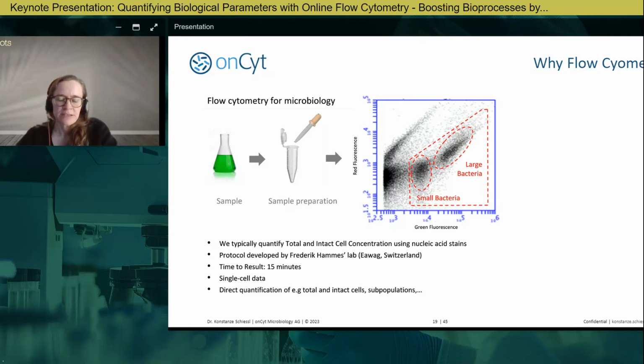Every dot here is a particle that was measured by the flow cytometer. And the darker it gets, the more concentrated in fluorescence these particles are. So you see these clouds, you can call them. And this is from tap water. So if you turn on your tap, there are bacteria in there. They're around 10 to the 5 per milliliter, which, don't worry about that, is totally fine, totally normal.